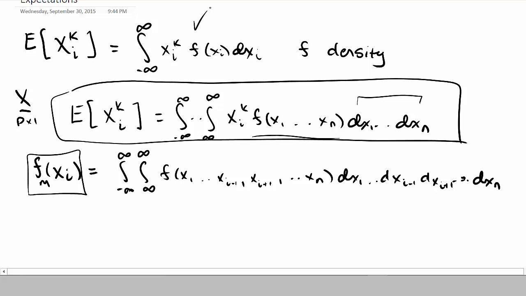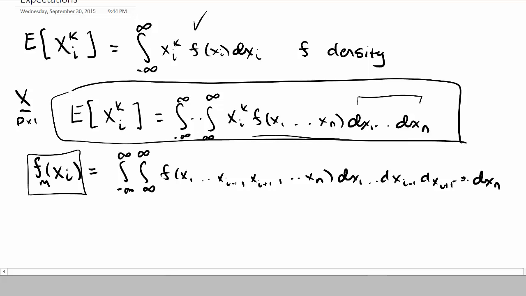So if you have, let's say, a bivariate normal distribution and you calculate the expected value of one of the components, you get the same expected value as if you have only the associated marginal distribution for that one variable.